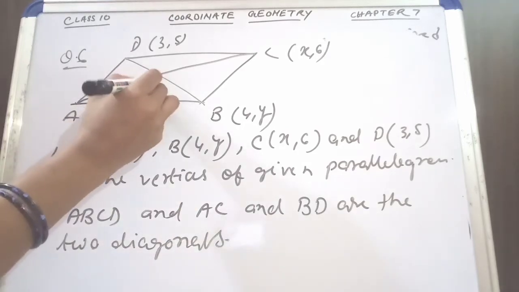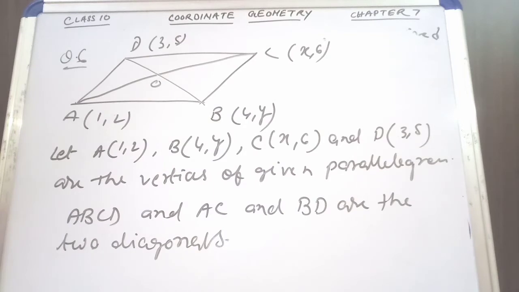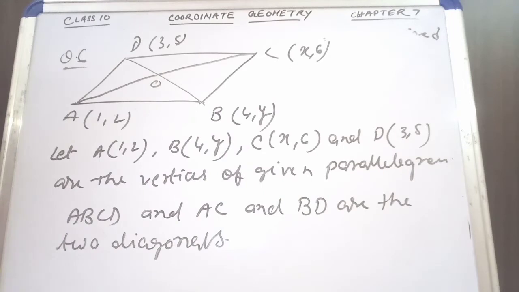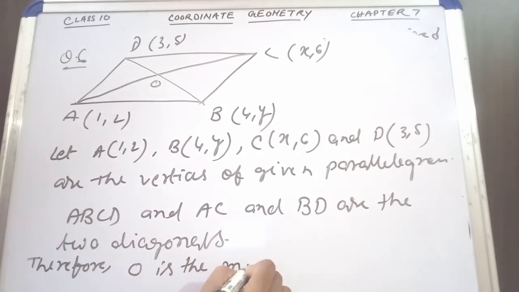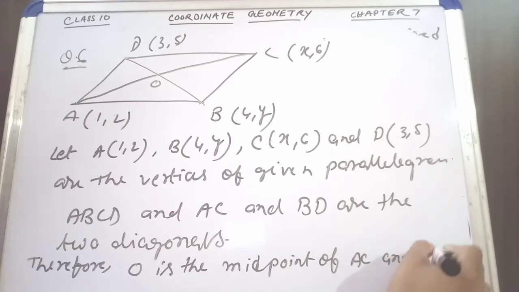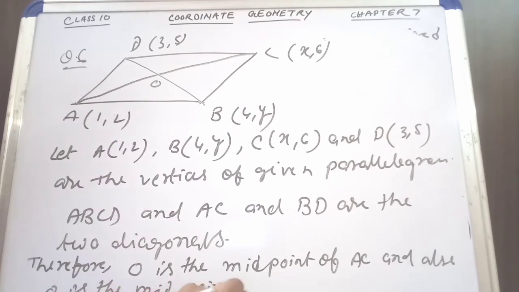Therefore, suppose this point is O. Therefore, O is the midpoint of AC and also O is the midpoint of BD.